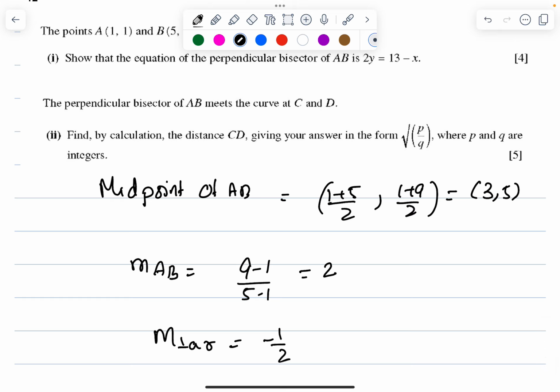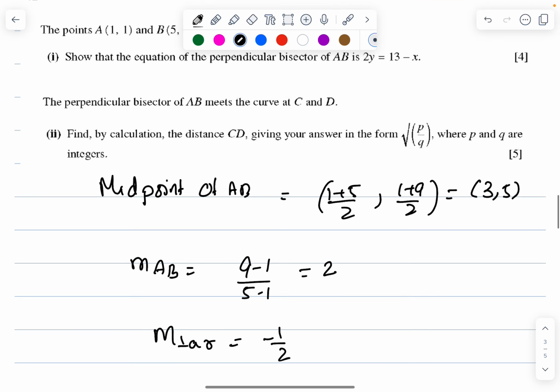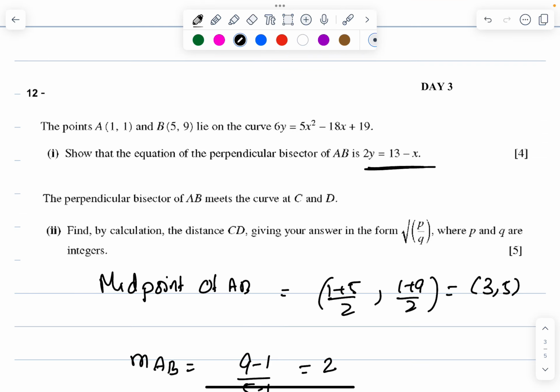Then the perpendicular bisector of AB meets the curve at C and D. I'll find by calculation the distance between C and D. So the curve equation is given; 2y equals 13 minus x.